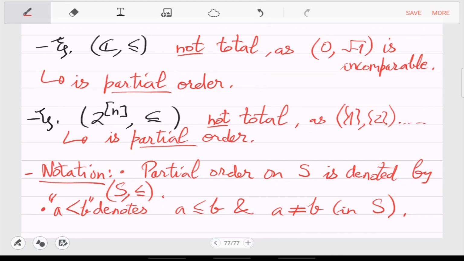No, equal to comes with the set always. Containment and equal to is well defined. I mean, there is no other option for equal to. But for less than equal to, there are many options. Right? For example, in the case of complex, I said less than equal to uses the same notion as reals, but you can also use less than equal to on the norm.